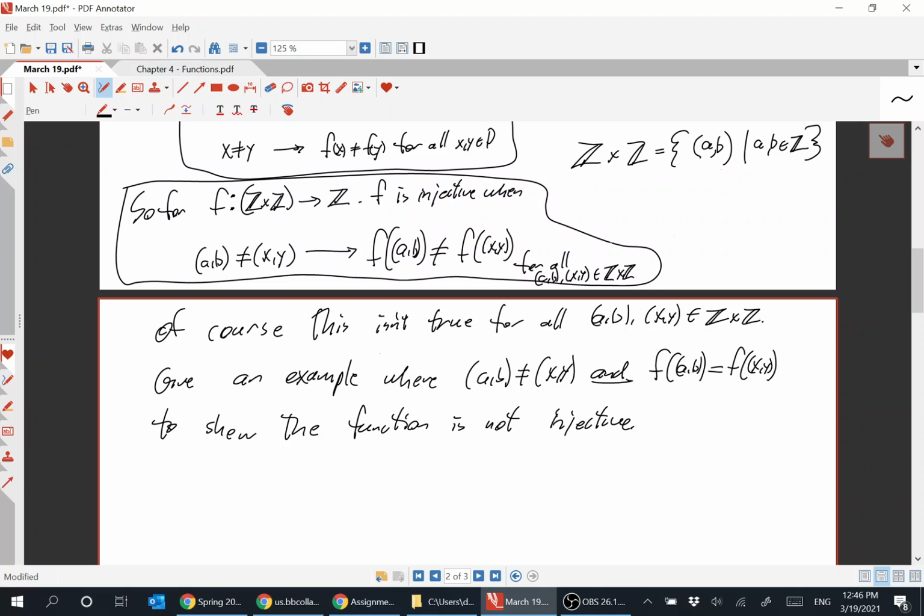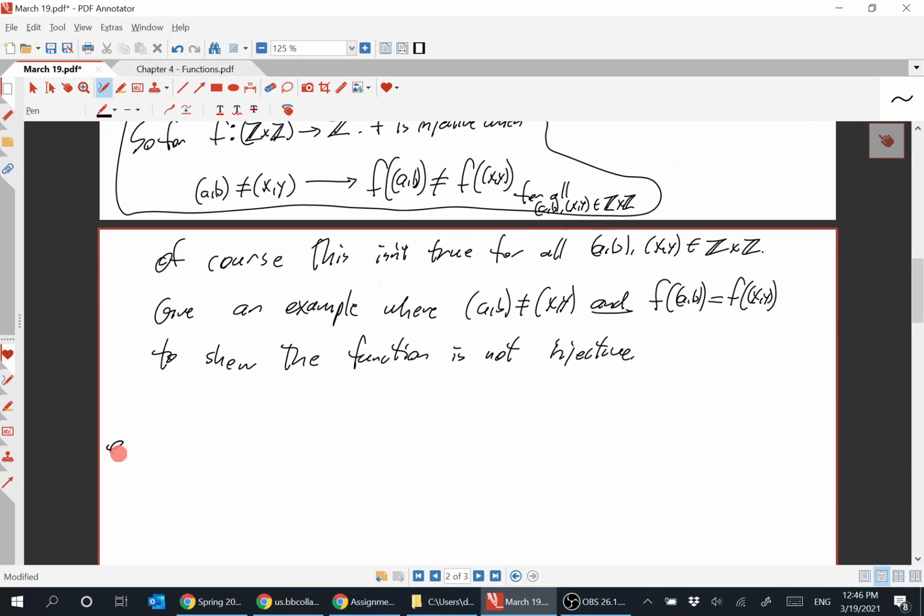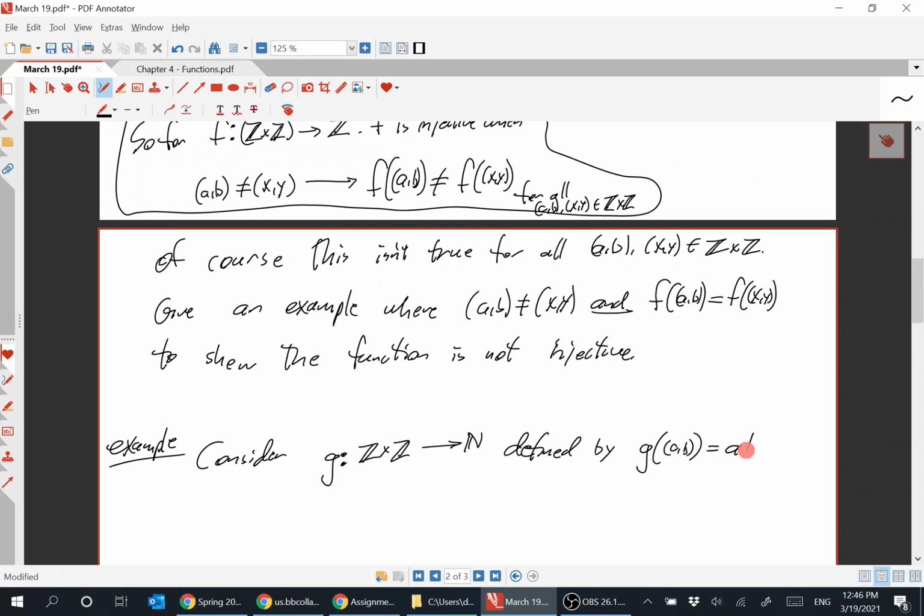Now, here's an example like that. Example. So consider a function, let's call it G, from Z cross Z to the natural numbers defined by G of little a comma b equal to a times b.